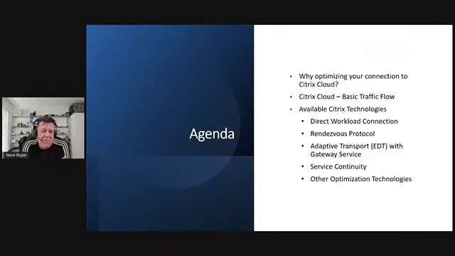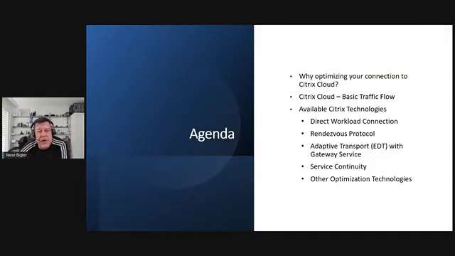We will especially look at the three main technologies, starting with a direct workload connection, then dive into the Rendezvous Protocol, which is a prerequisite for adaptive transport, so HDX over UDP, and then the last addition to the table was Citrix Service Continuity, and we will have a look at this also, and a short insight in a couple of other technologies that might help you with optimizing the traffic flow between on-prem and Citrix cloud components.